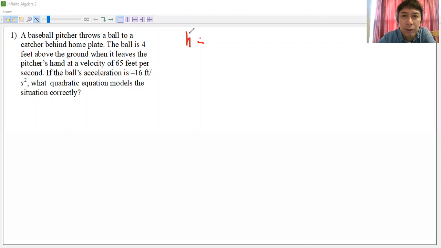Height is equal to acceleration of gravity times time squared plus velocity times time plus the initial height of the object.